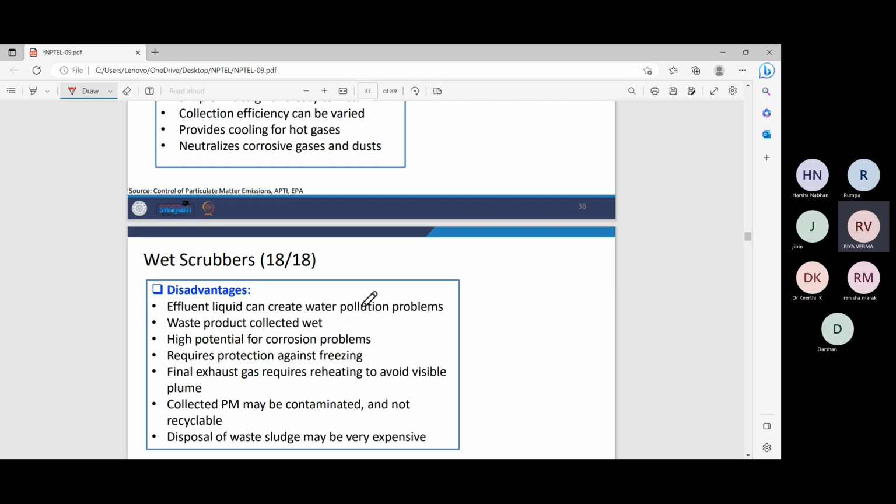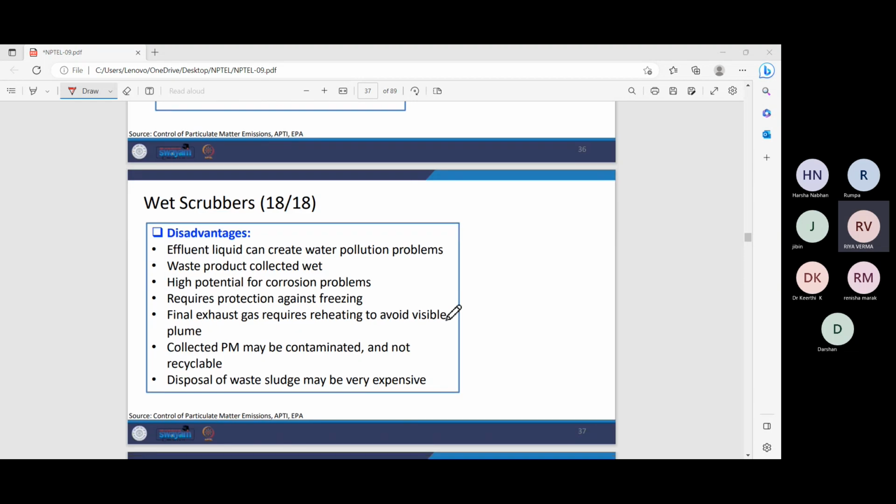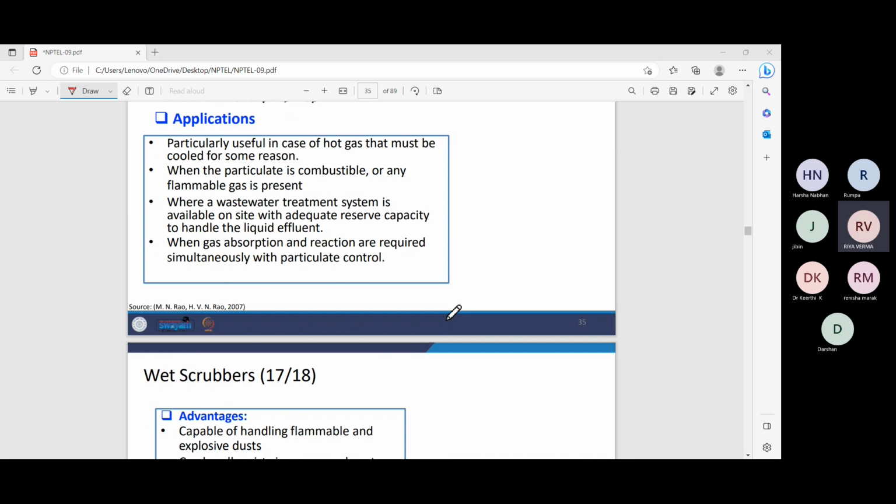Then collected particulate matter may be contaminated and not recyclable. Disposal of waste sludge may be very expensive. So these are the disadvantages of the wet scrubbers.